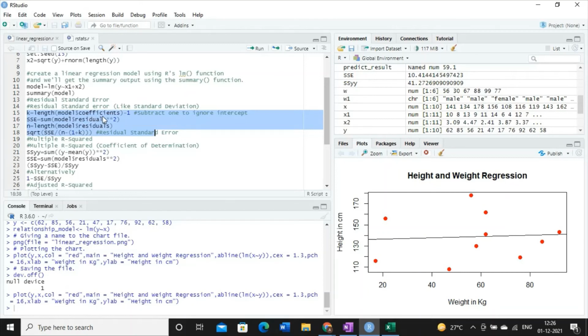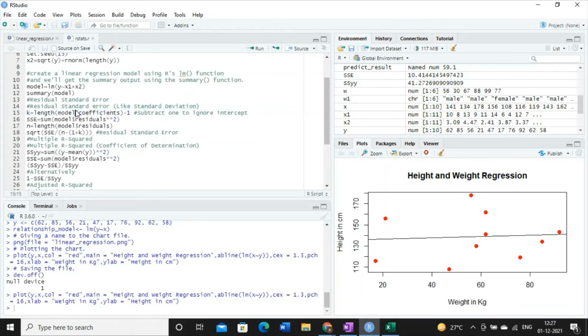Here the coefficients are involved. The meaning of this model is that whatever output is provided by the lm function is stored in the model. Whenever you compute the residual standard error, you need to think of the outcome of the lm function and the coefficients of your equation.